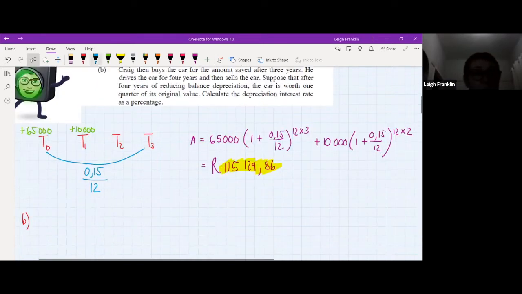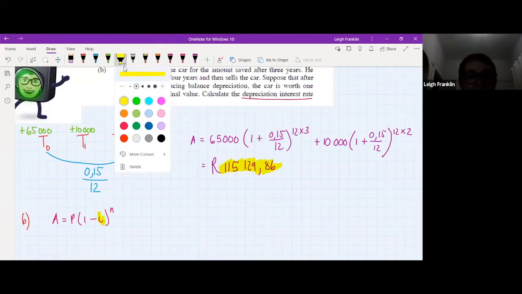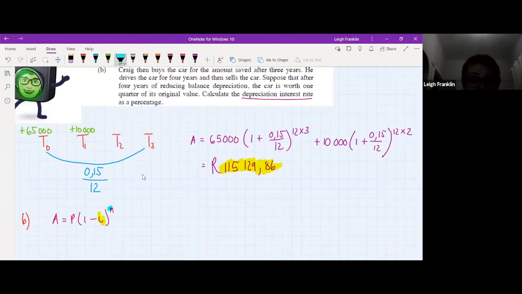Because remember, we're going to sub into A equals P(1 minus i) to the power of n. Because they've asked us to calculate the depreciation interest rate, what they want from us, Matrix, is the i. So if they want the i, it means they have to have given us the others. So we need to know n, we've got to know P, and we've got to know A.